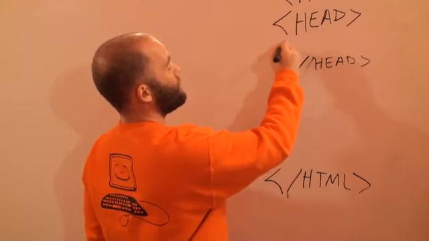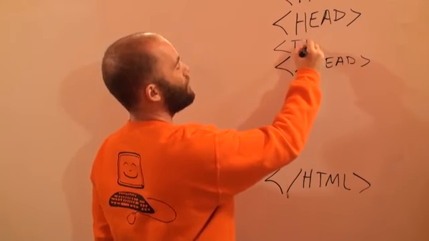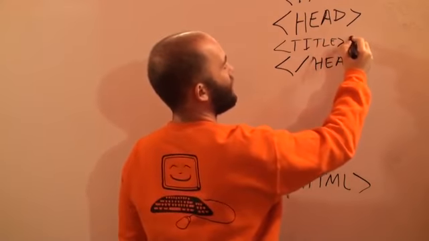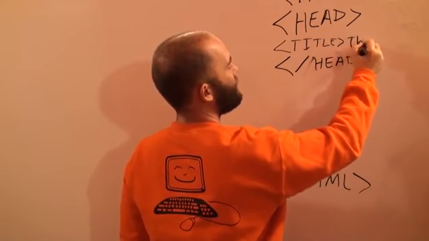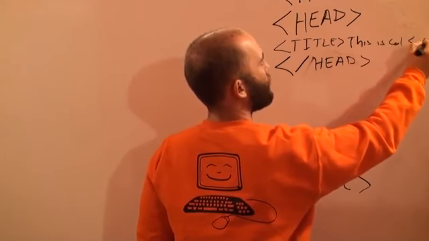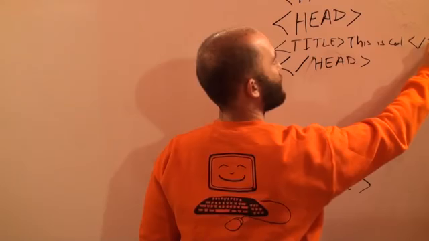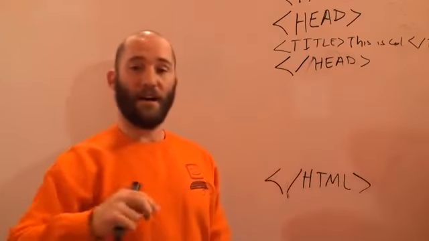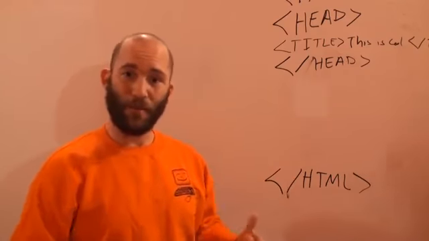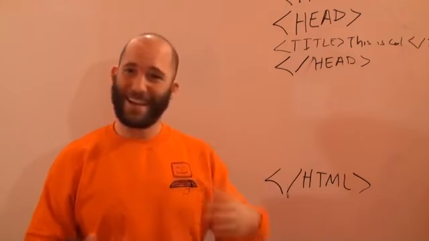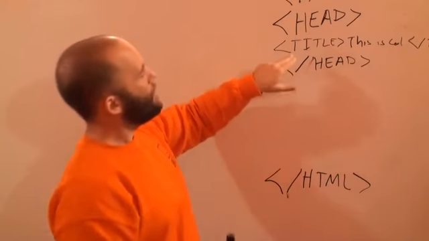So we'll just do this. We'll open the title tag. Title. And we'll say, this is cool. And then we'll close the title. And we're gonna go over this in an actual demonstration in a few minutes. I just wanted to go over this before we go into the demonstration so you can kind of get it into your head.